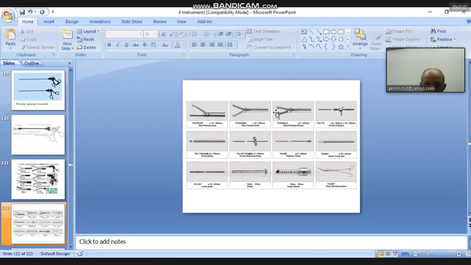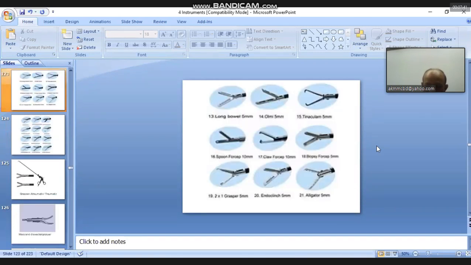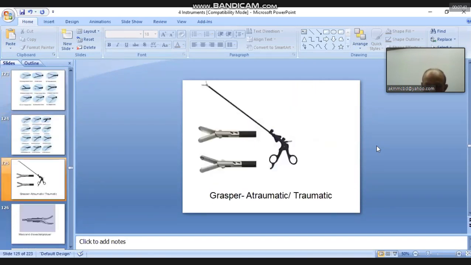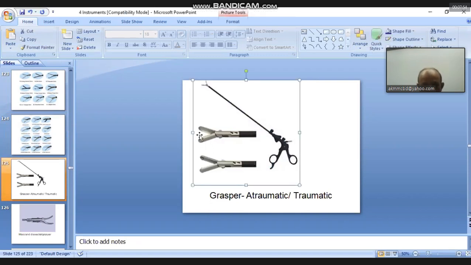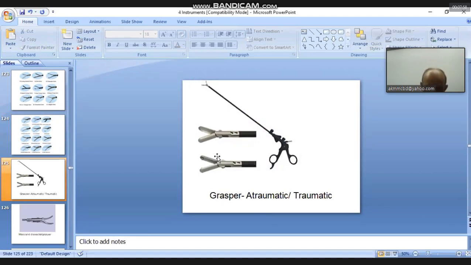You see, the difference is in the blades of the instrument. Now, I am going to the individual instrument, the most important one which we use in our operations.